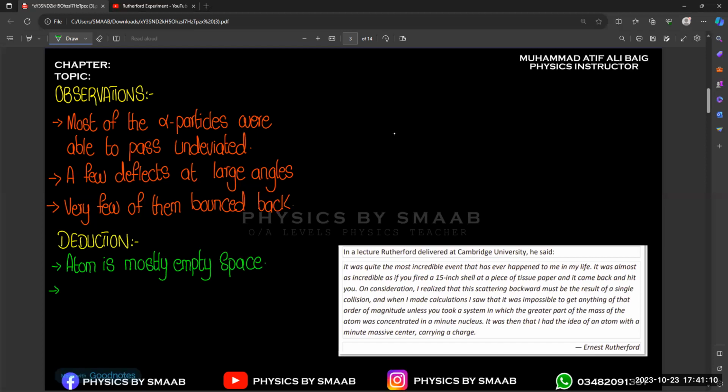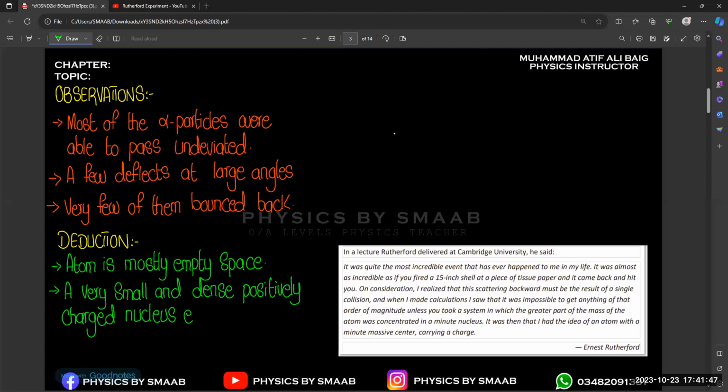And the second thing is a very small and dense positively charged nucleus exists in the center.